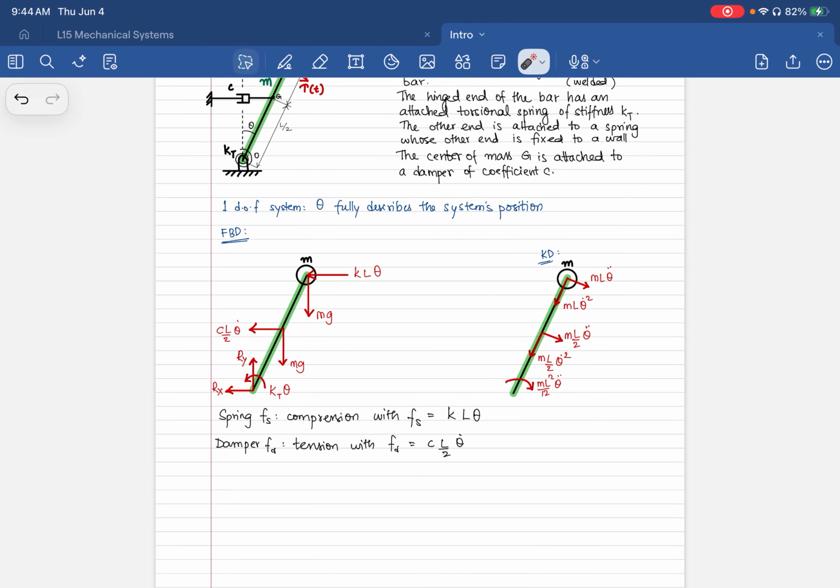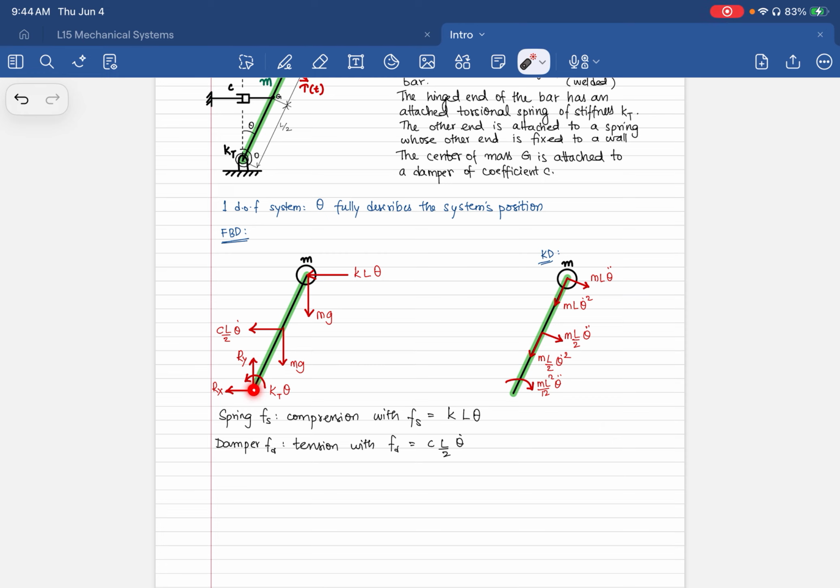Now, you're free to apply Newton's second law. You can do the sum of forces in the free body diagram is equal to the sum of forces in the kinetic diagram. The problem is that you will then have to account for the reaction forces here. But instead of that, we could take moments about some point.